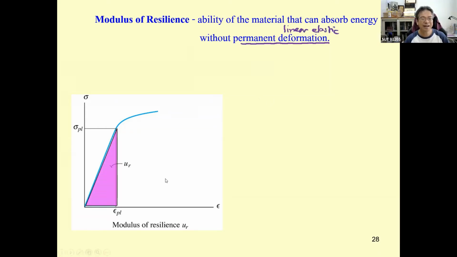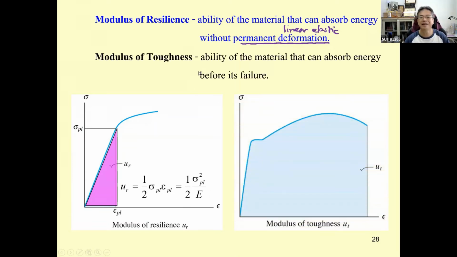And then this is going to be the maximum one-half sigma proportion, strain proportion, or you may compute it by this one. Another one is the ability of the material to absorb energy before failure.